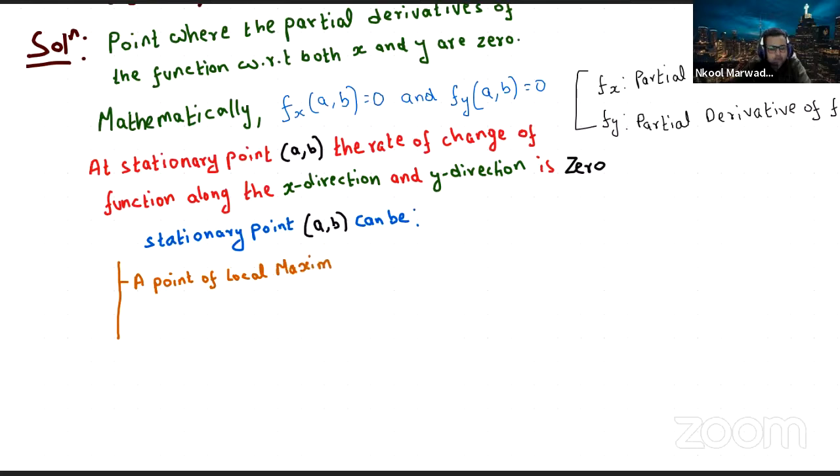Stationary point can be a point of local minima. This stationary point can be a saddle point.